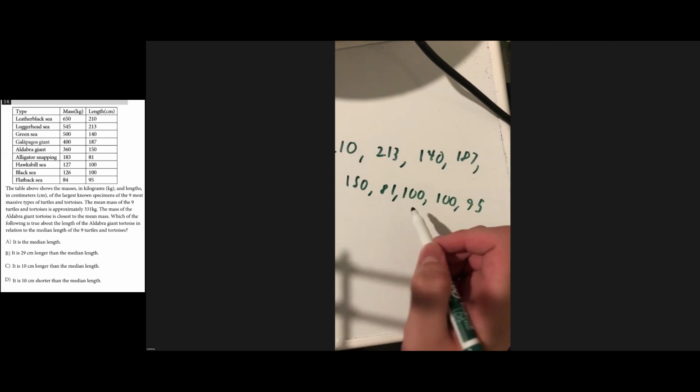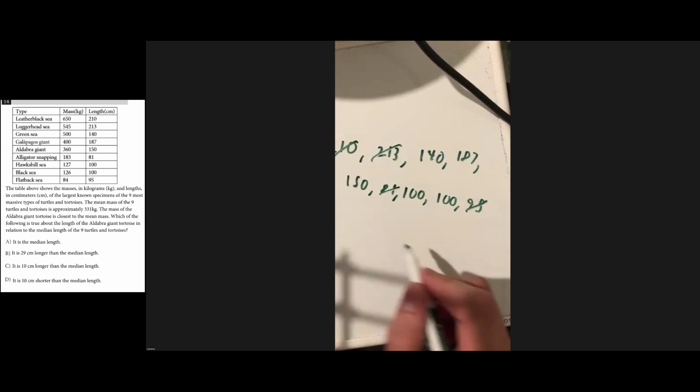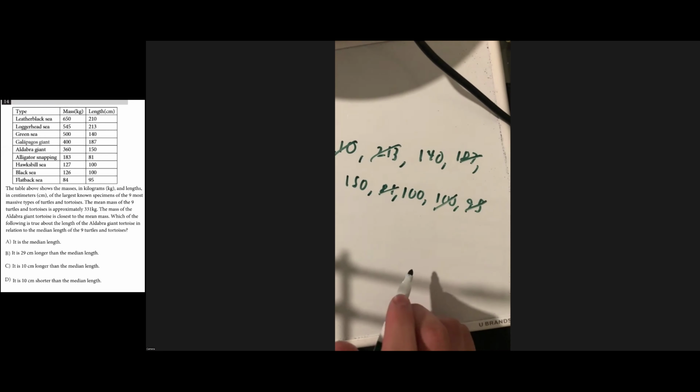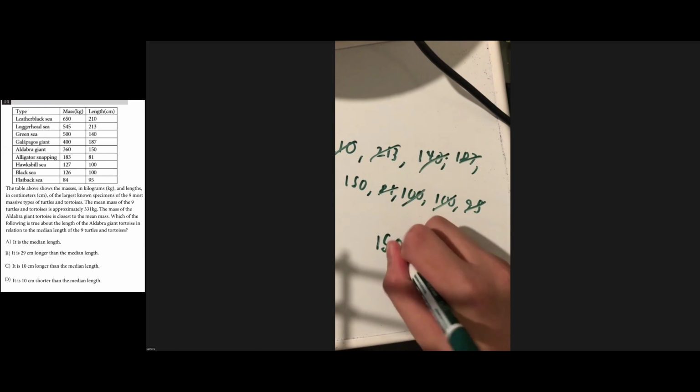So in this case, we can just cross out the smallest and largest numbers one by one. So 81, 213, 95, 210, 100, 187, and then 100 and 140, and we're left with 150 as the median length.